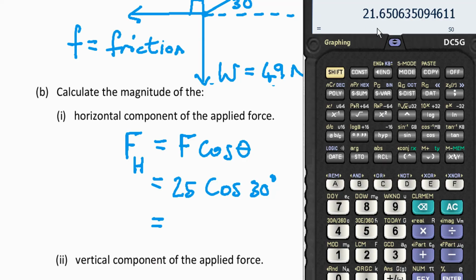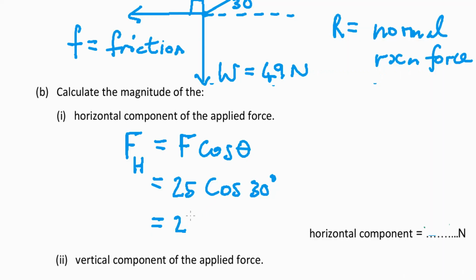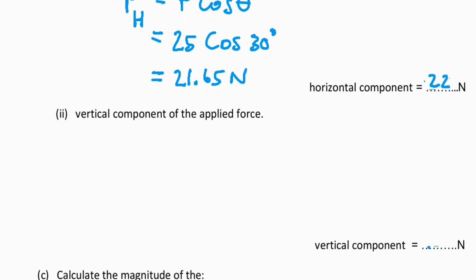And this comes to 21.65. We used two significant figures in this calculation, so we can write this answer with two significant figures. So round it up to 22 newtons.